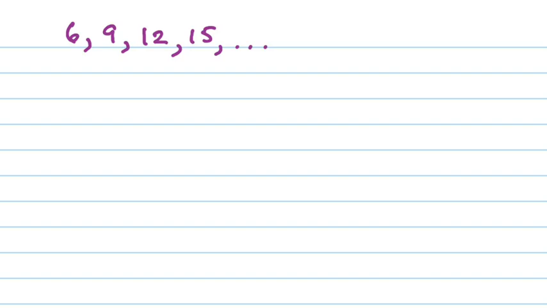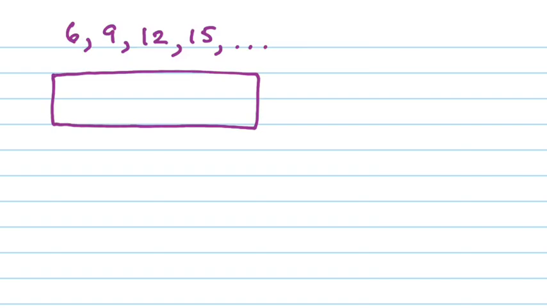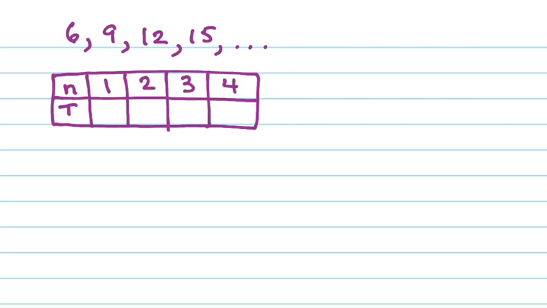Now, we can put this into a chart, which is one of the skills that we learned, a very important skill, by the way. Remember, we have our first number, our second number, our third number, and our fourth number, and these go on infinitely, but this is enough.